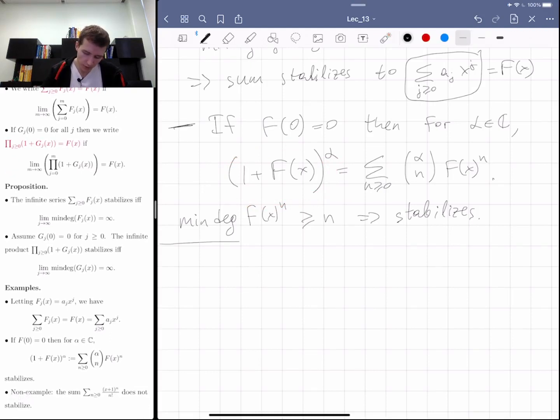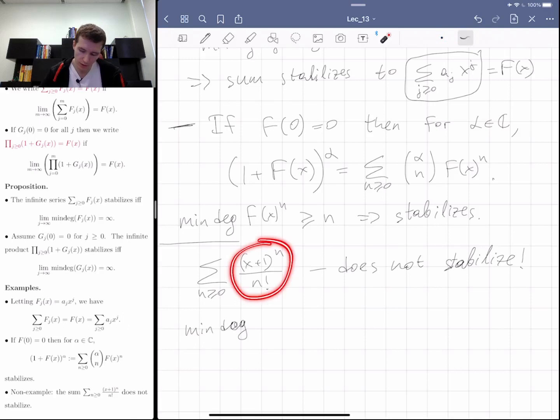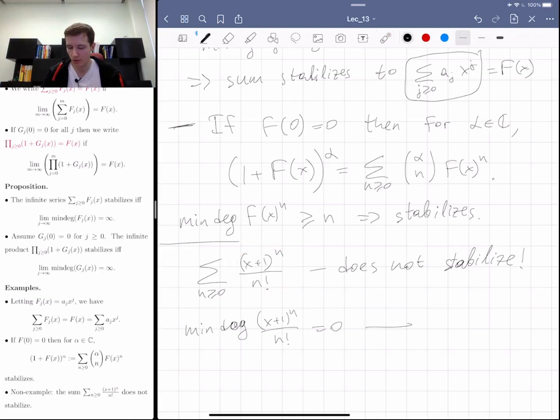The sum over n greater than or equal to 0 of x plus 1 to the n over n factorial does not stabilize, because the minimal degree of each individual term of x plus 1 to the n over n factorial is equal to 0, and does not go to infinity.